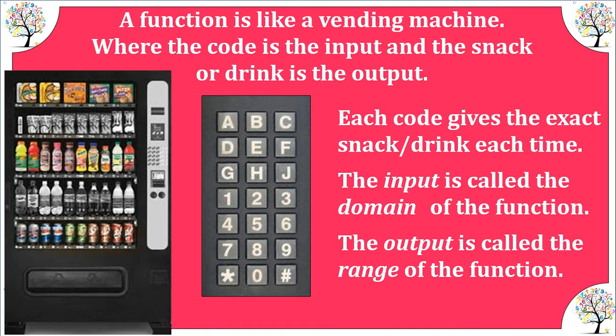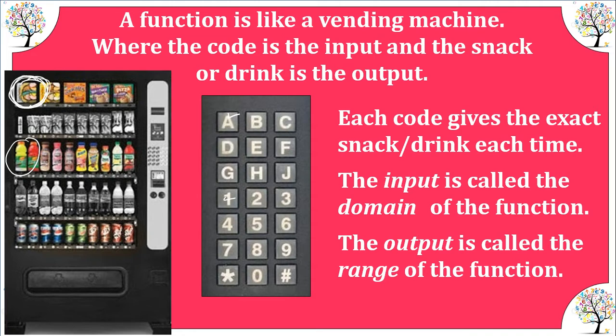So if I selected this first item, which is a cheddar and turkey snack, and I wanted this, I would input A1 and I would get out this item. If I were to put A1 and I got out the Gatorade, then this would not be a function, because A1 in our situation only gives us this item.